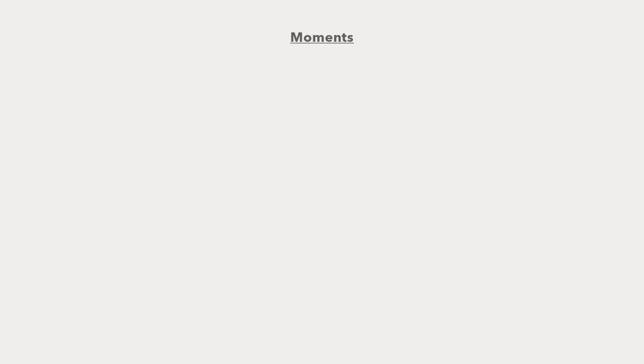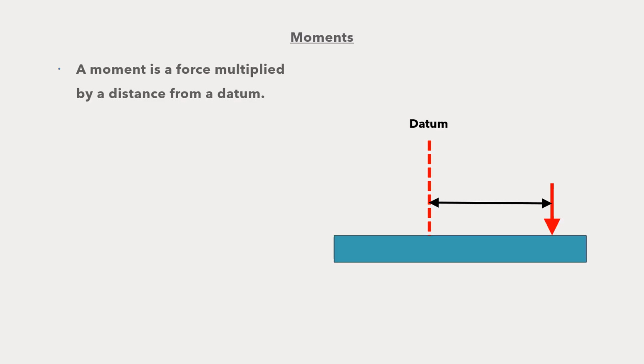Okay, before I get into longitudinal stability, I need to have a little discussion about the concept of moments. A moment is a force multiplied by a distance from a datum. In this case, this is a datum we've defined to be the 0 point, and a force is getting applied some distance away from it.